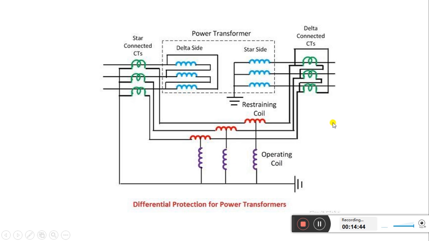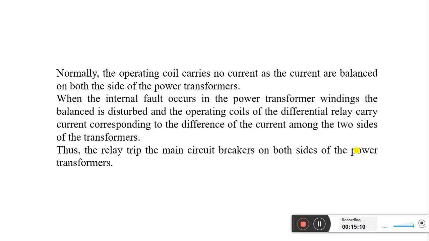But if a fault happens within the protected zone, then the balance of current on both sides of the CTs is disturbed, and a difference of current flows in the operating coil, and the operating coil will operate to give the command for tripping the circuit breaker. So that is the explanation, and the same thing has been defined here.